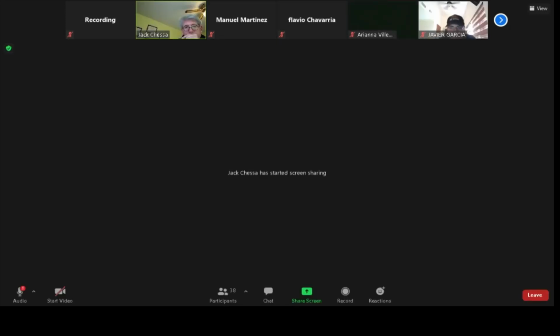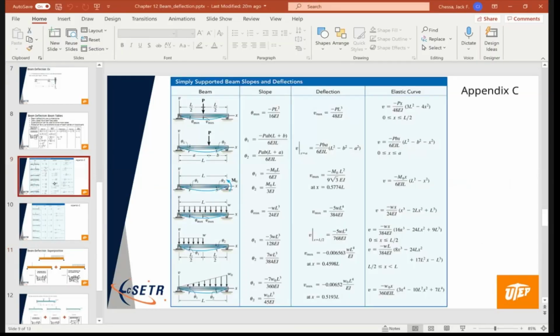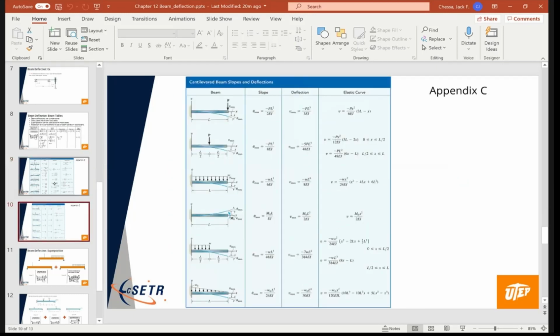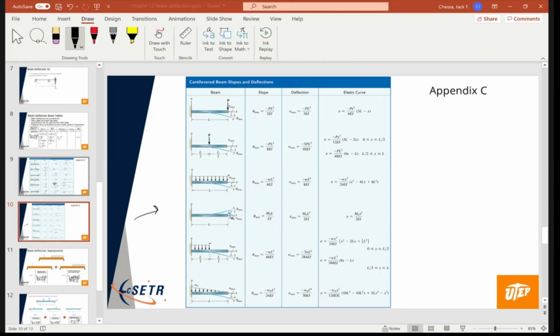All right, so if we go to the beam tables, there isn't one that looks like that, right? It's fixed at one end, so that tends to be these, but obviously in all these cases, we only have 1 point force, all right? But we can use superposition for this case and this case.